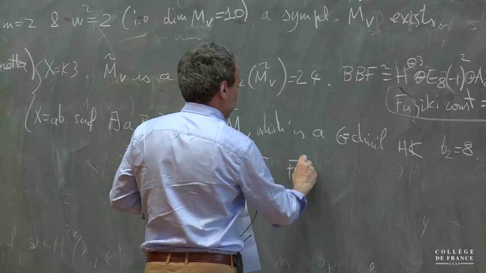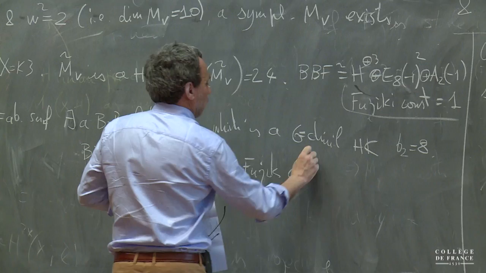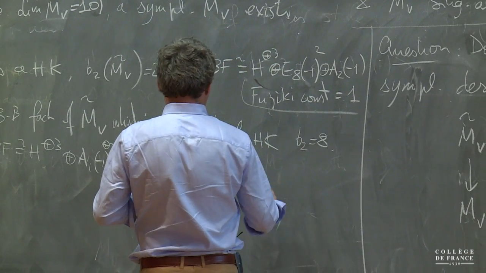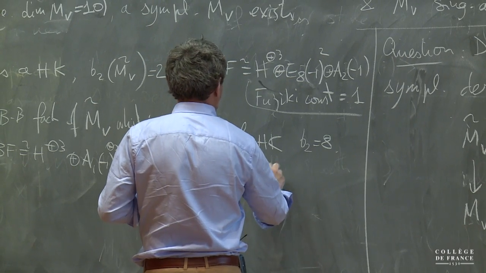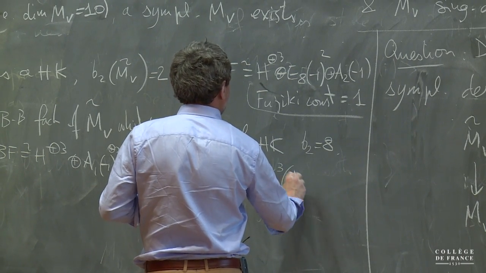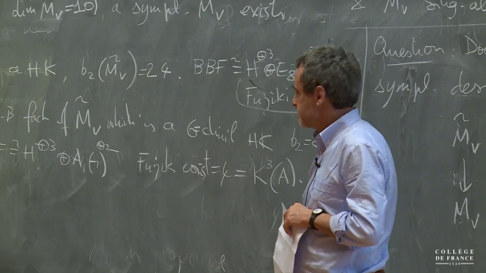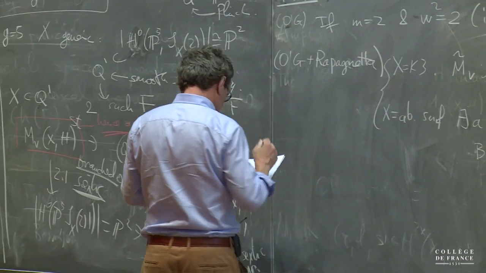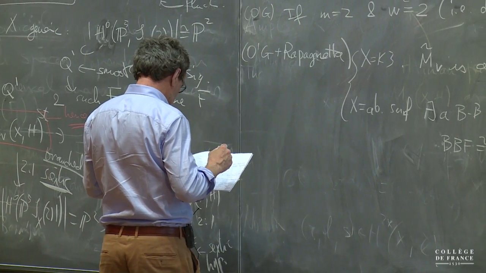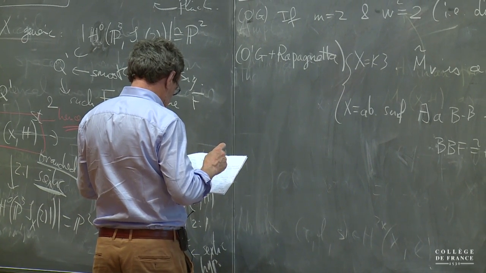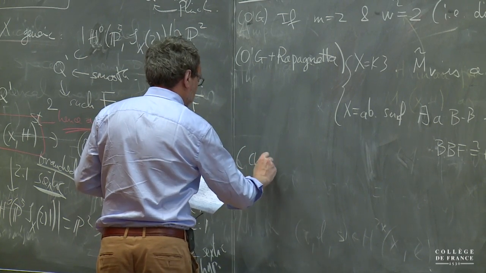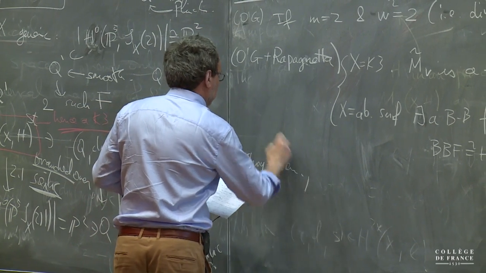And the Fujiki constant with my normalization is 4, which means it's the same as for the 6-dimensional generalized Kummer.